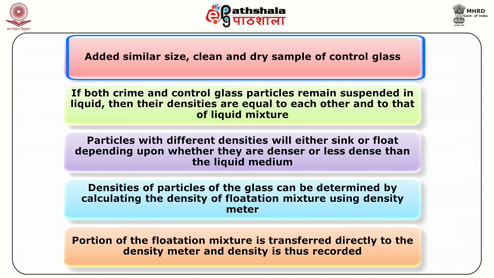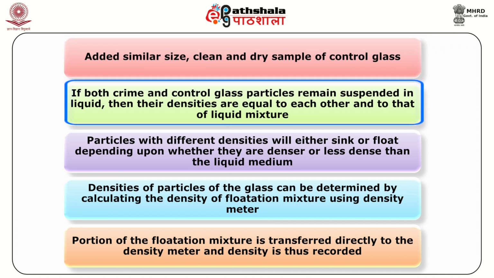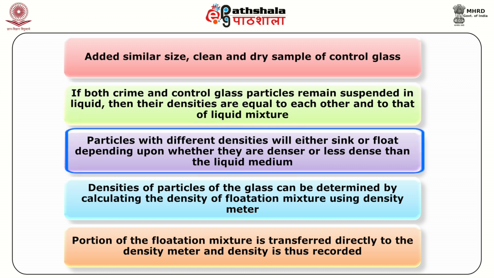Add a similar size, clean and dry sample of control glass. If both the crime and the control glass particles remain suspended in the liquid, then their densities are equal to each other and to that of the liquid mixture. Particles with different densities will either sink or float depending upon whether they are denser or less dense than the liquid medium.